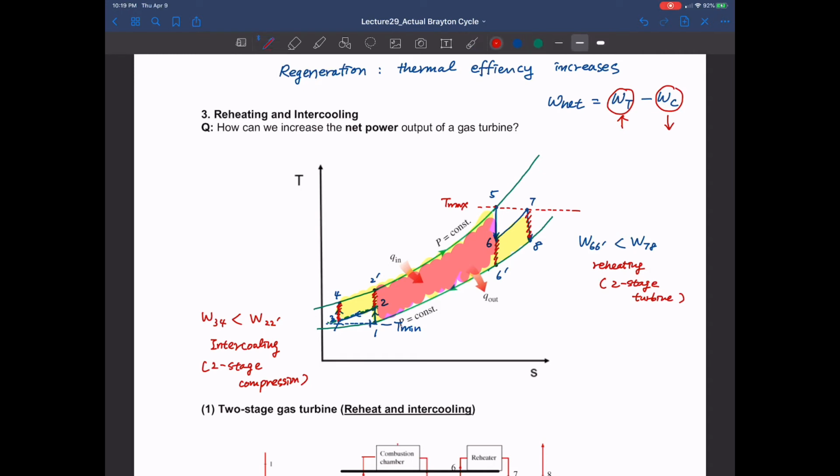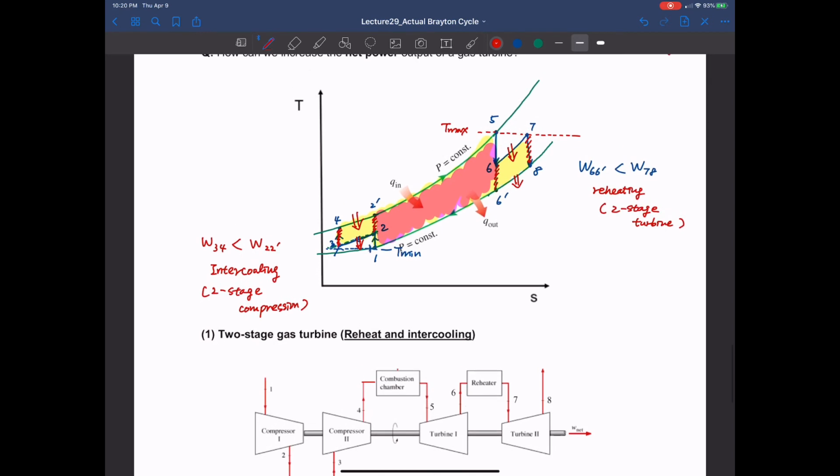And also we have additional heat input through the reheater. So there should be additional heat input. And also there should be certain additional heat loss during this intercooling system, and additional heat loss from 8 to 6 prime.